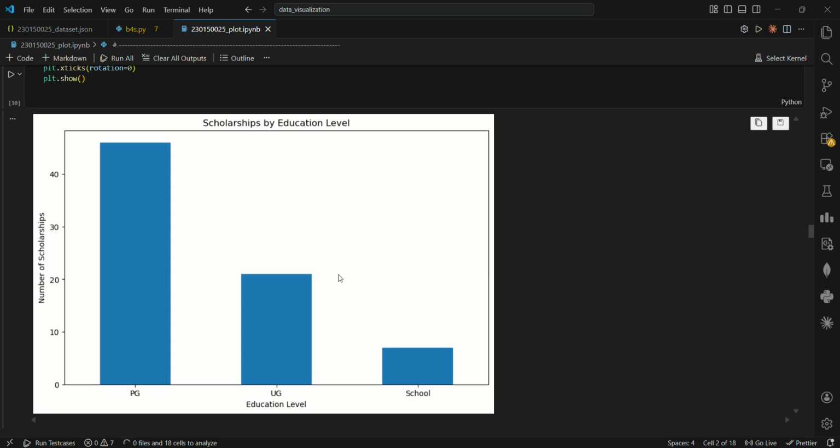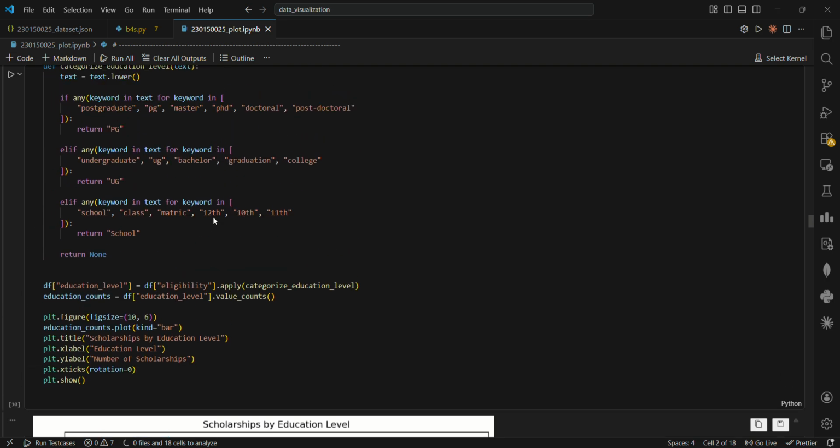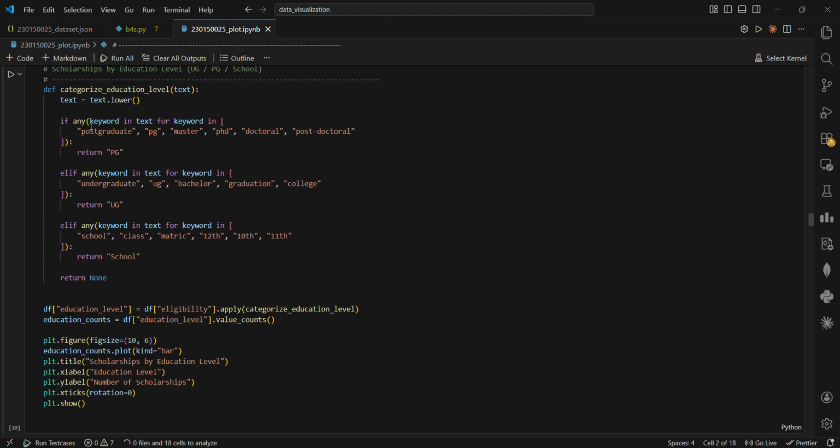Then we sort scholarships on the basis of education level. What we did here is we generated some keywords like postgraduate, PG, master, PhD, doctoral, or postdoctoral. Whenever we saw any of these words, we increased the count of PG by one. For UG, we found the keywords undergraduate, UG, bachelor, graduation, and college.